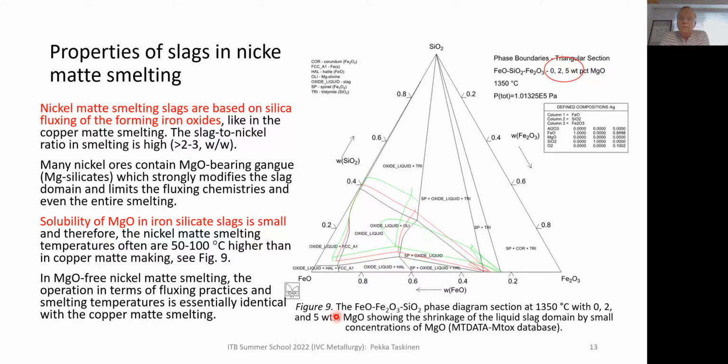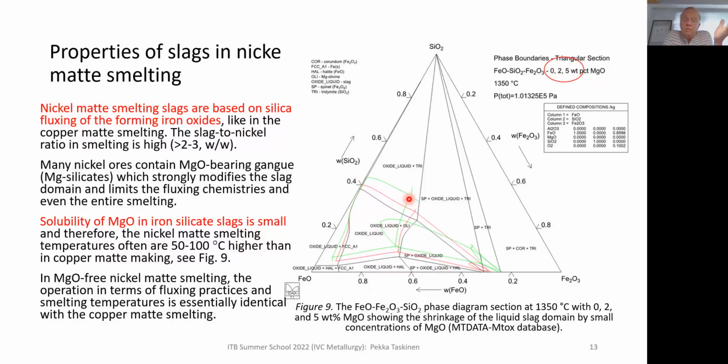So it is only 5%, which is a rather low concentration, but it shows that this kind of nose is penetrating gradually and splitting this molten phase domain into two.